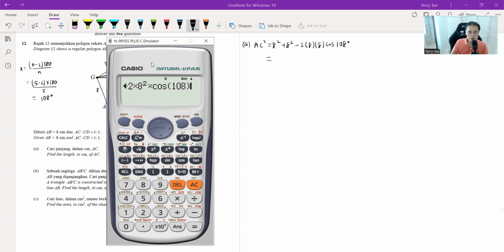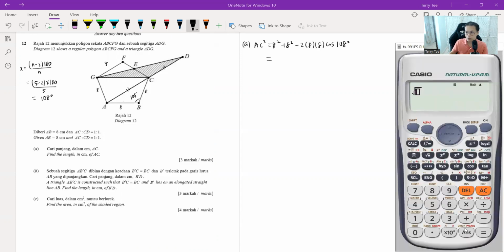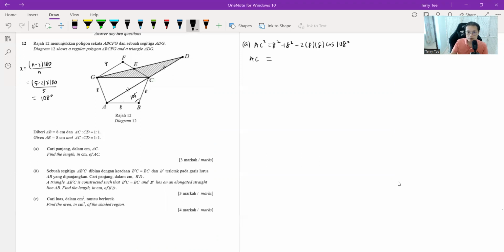This chapter is all in degree. Whatever I get, square root the answer, 12.94. AC is therefore 12.94. So if this is 12.94, this length is also 12.94. Okay, I got the length of AC done.